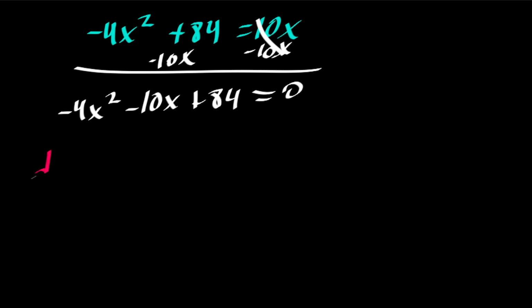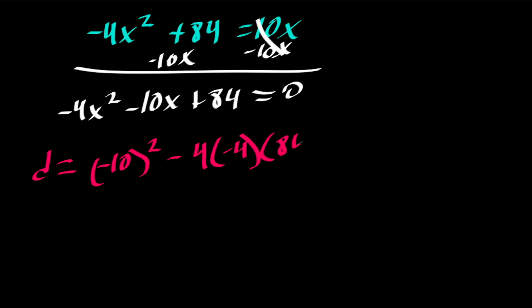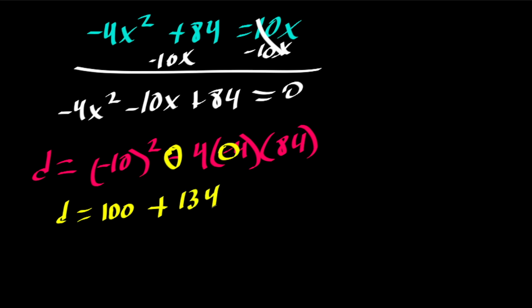Now we're going to find the discriminant, which is b squared, so negative 10 squared minus 4a, which is negative 4, times c, which is 84. This gives me 100 minus, which becomes plus, 1,344.